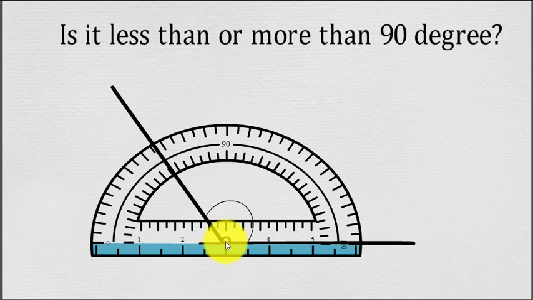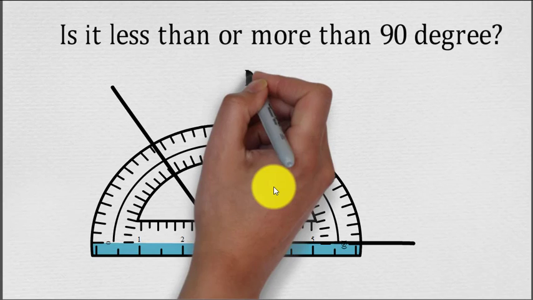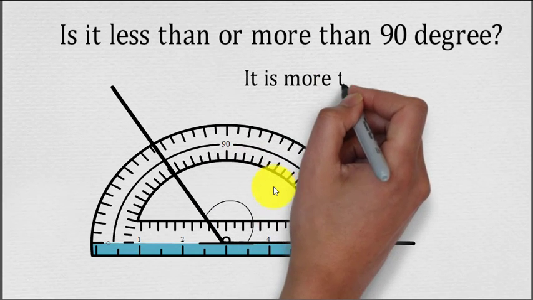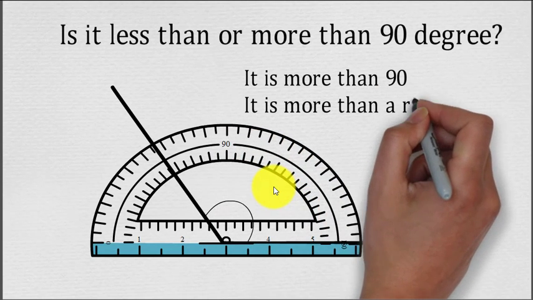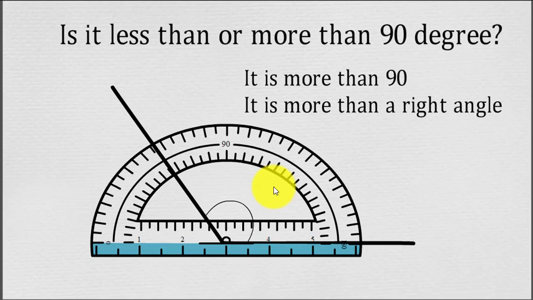Because we will count it from here, and it surpasses 90 degrees this much, is it not? So it is more than 90 degrees, so it is more than a right angle also. Yes, very easy, you know. Do you understand? It is more than a right angle.